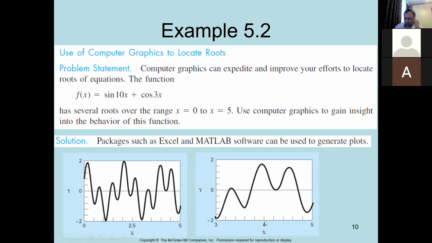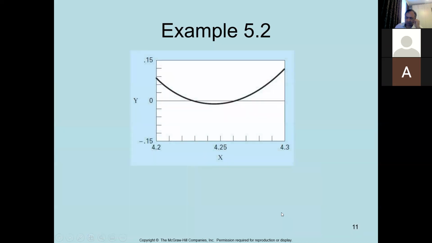We can zoom from 4 to 4.5, and then further from 4.2 to 4.3, and change the y range from minus 1.15 to 0.15. We can see that this plot is actually not tangent to the x-axis.